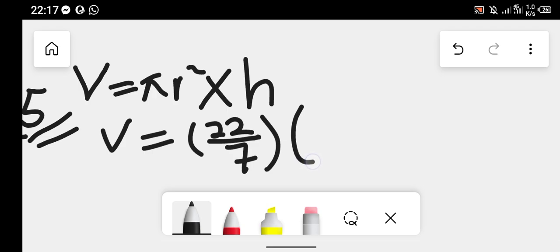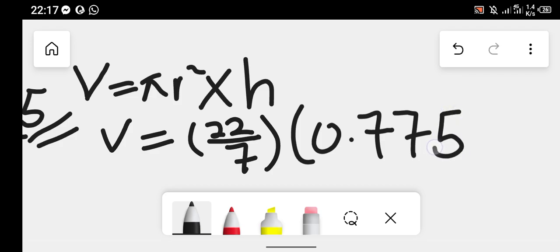So say open bracket, we have 0.775, right? Close bracket to the power 2.